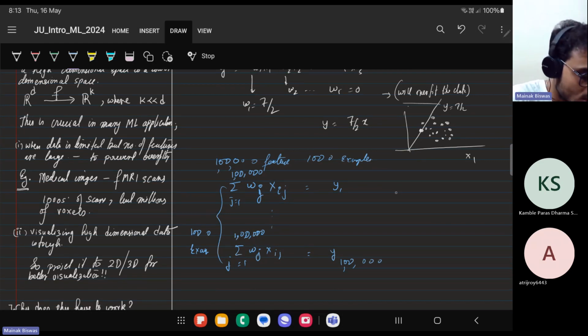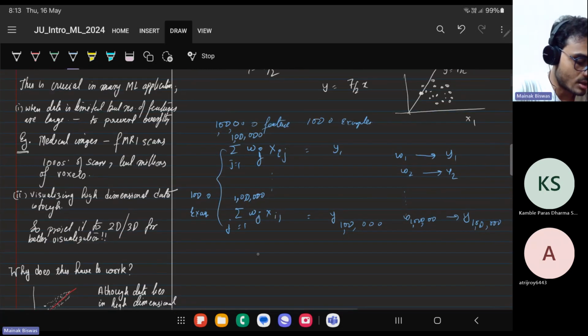So W1 you can map to Y1, W2 you can map to Y2, and so on, W1000 or W1 lakh you can map to Y1 lakh. Yes or no? That is, for each Xi to Yi pairing, you can always learn the i-th weight as Yi by Xi. Yes or no?